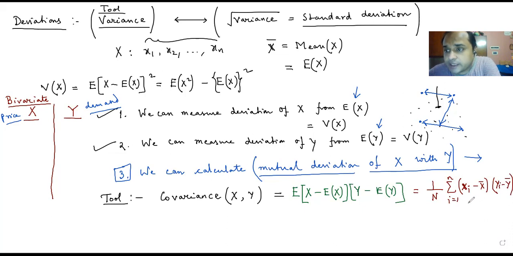If you are not doing it from the viewpoint of expectation, this is the formula you will use to calculate the covariance. And if you are using the expectation form, then you have to stick to that formula. From a pedagogical point of view, one formula reflects the other.